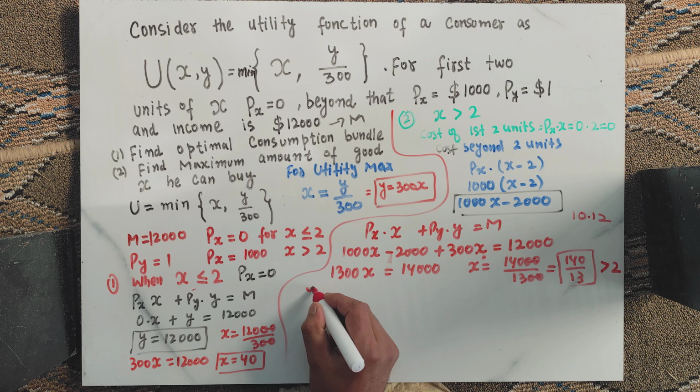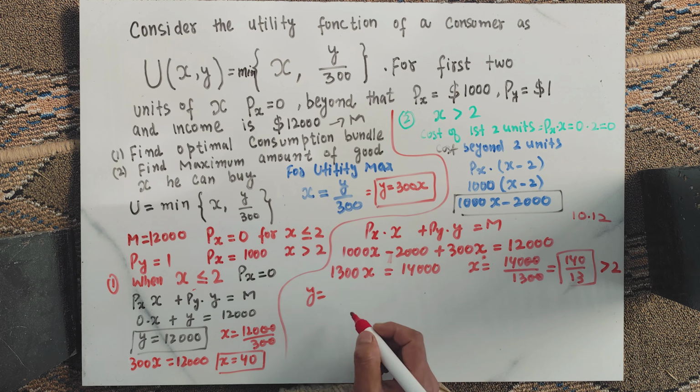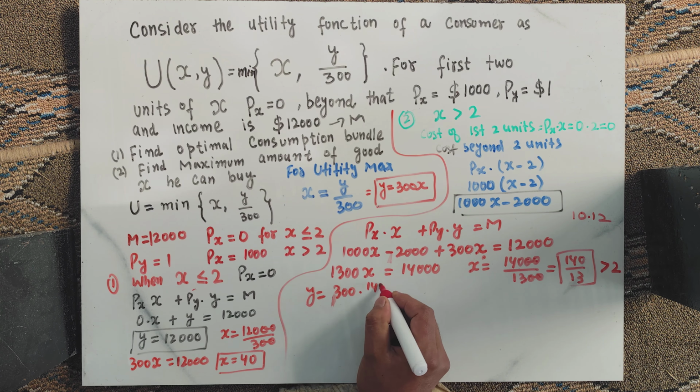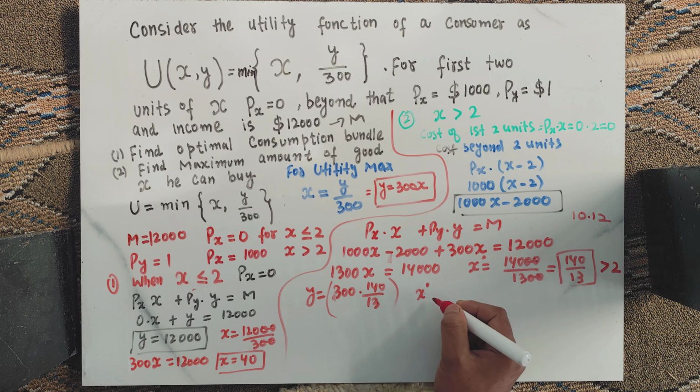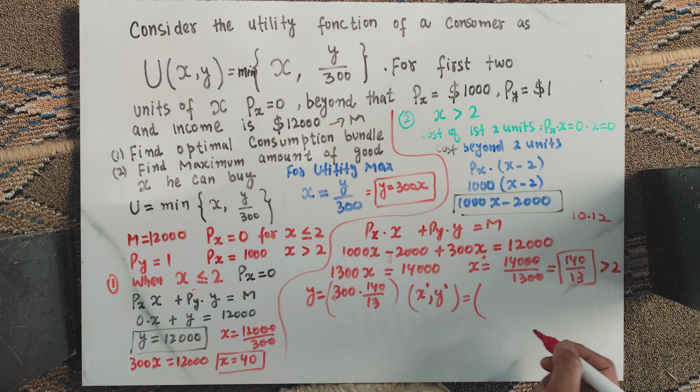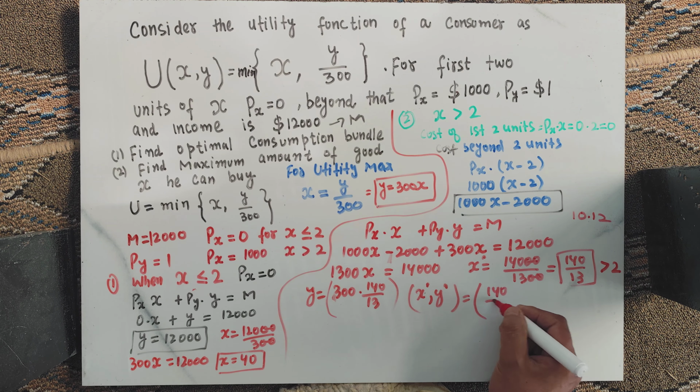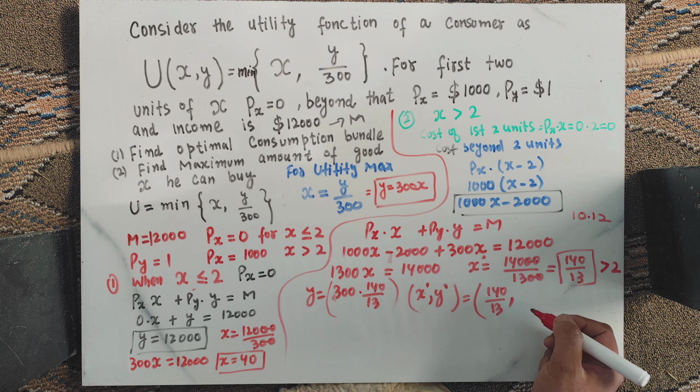Now what will be the optimal consumption bundle of good X and good Y? So Y is equal to, plug this into this function, we have 300 into the optimal consumption of good X. So X star, Y star, that is the optimal consumption bundle the consumer would have, will be 140 upon 13.